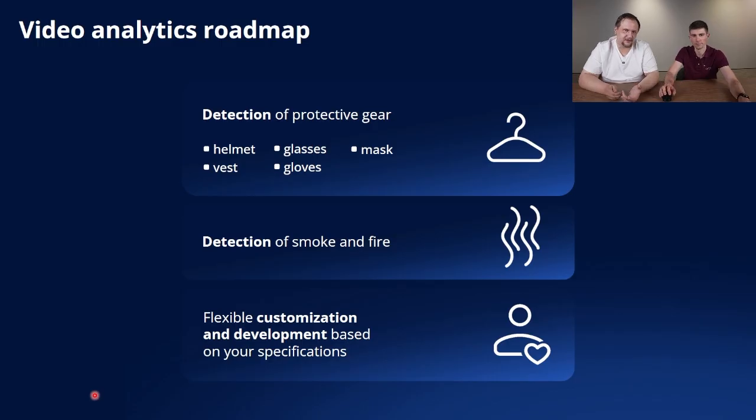If our analytics detect that some part of this protective gear is missing, it will restrict, for example, a worker's access to some dangerous areas, which can be useful for multiple cases and organizations. We also have detection of smoke and fire analytics, and it is also in development.